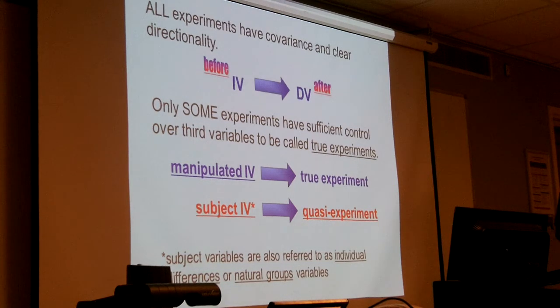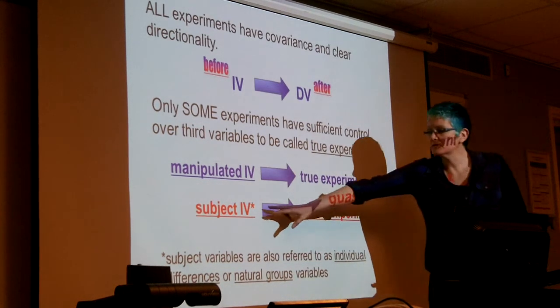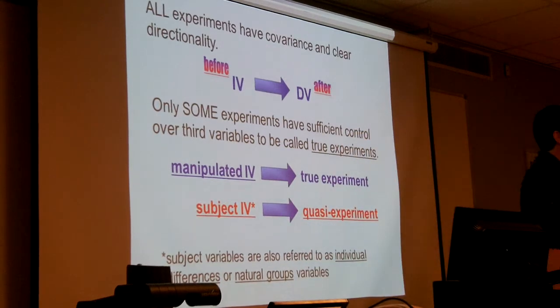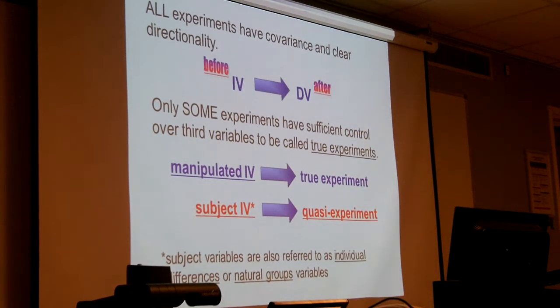Now, subject variables are sometimes referred to as individual differences variables because they reflect naturally existing individual differences that people have. And everybody has some combination of differences that makes them unique compared to other people. Even twins and triplets and quadruplets are different than their siblings in some ways. So everybody has individual differences. So these are sometimes called individual differences variables.